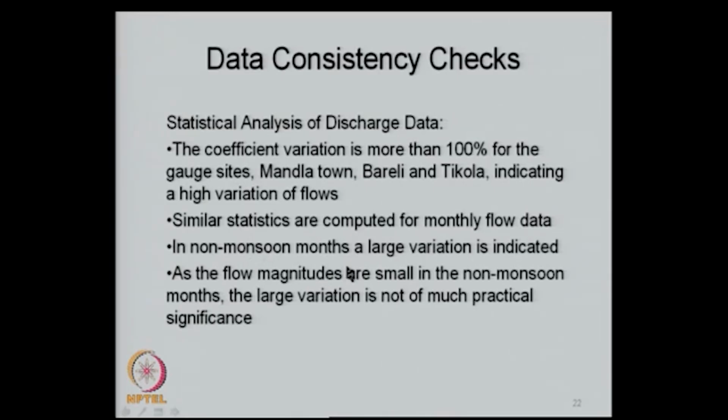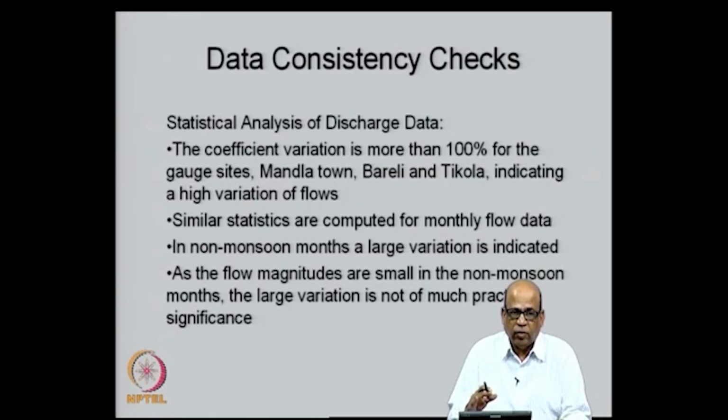Specifically for the non-monsoon flows, which are essentially contributed by the base flows, there will be a large variation, at least in this particular example. As the flow magnitudes are themselves small in non-monsoon periods, for this particular example, the large variation is not of much practical importance. So, we may be focusing mostly on the monsoon flows.